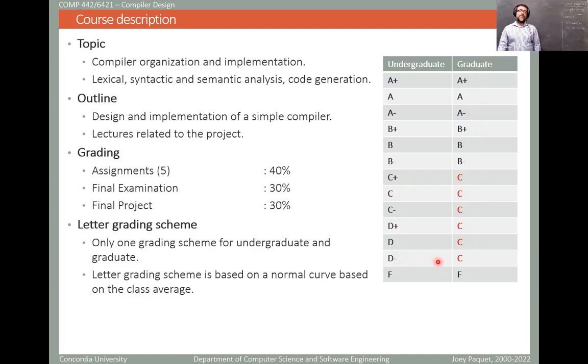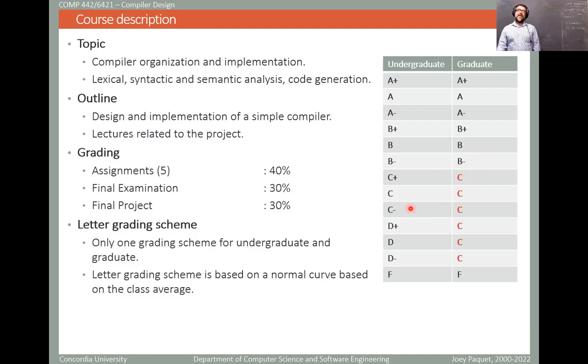So in this course, what that means is that, depending on your numeric grade, an undergraduate student that has a certain numeric grade which results in B minus would result in another student that has exactly the same numeric grade also getting B minus.